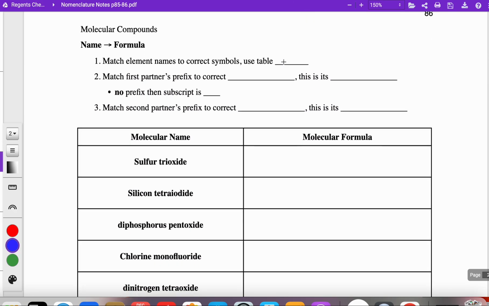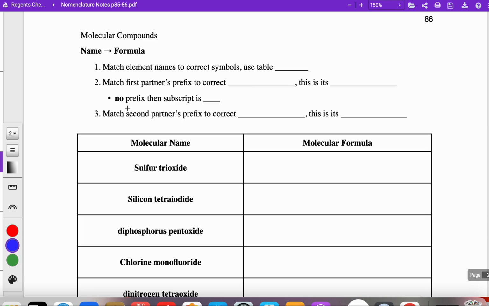Taking a look at page 86, going in the reverse, where you're given a molecular name and you have to come up with the formula. So match the elements' names to the correct symbols. So don't guess, use your table S. Match the first partner's prefix to the correct value.